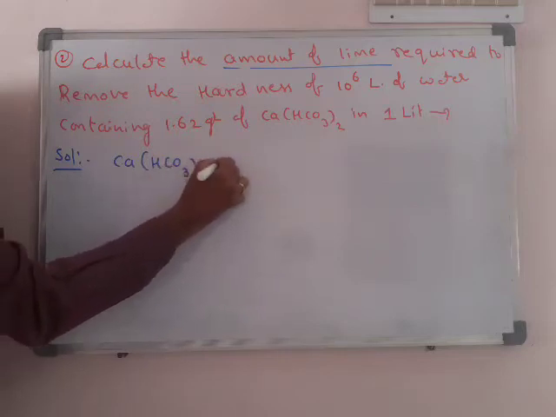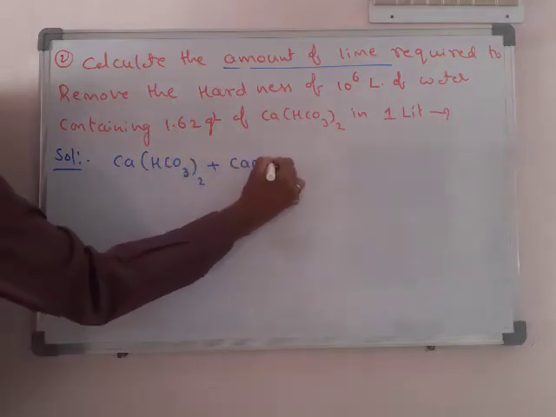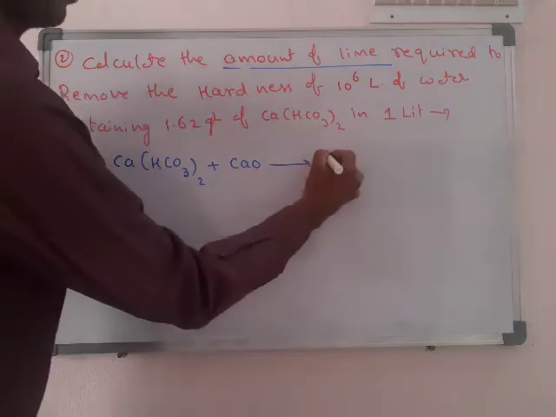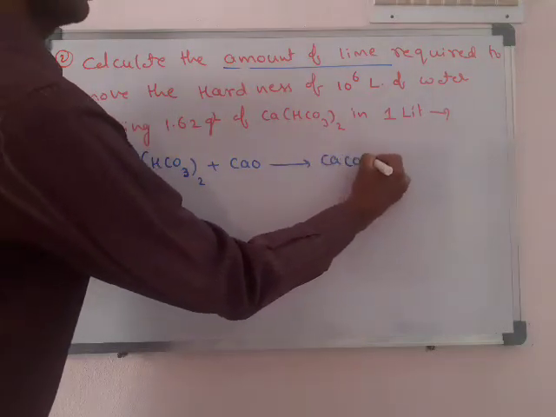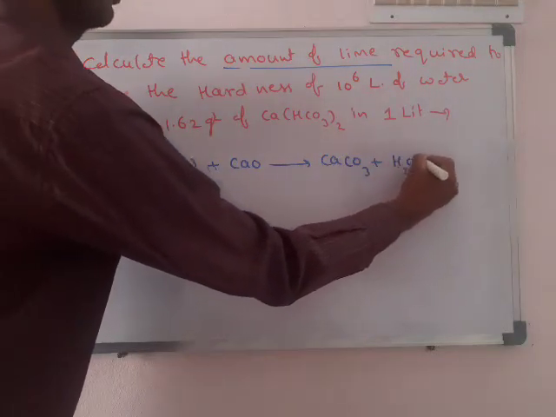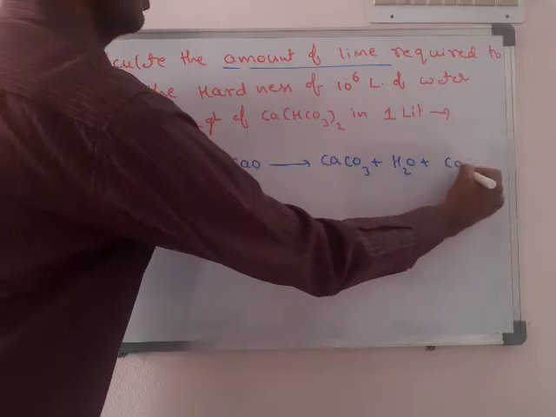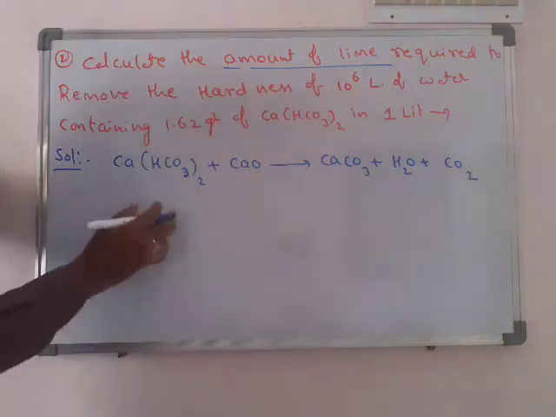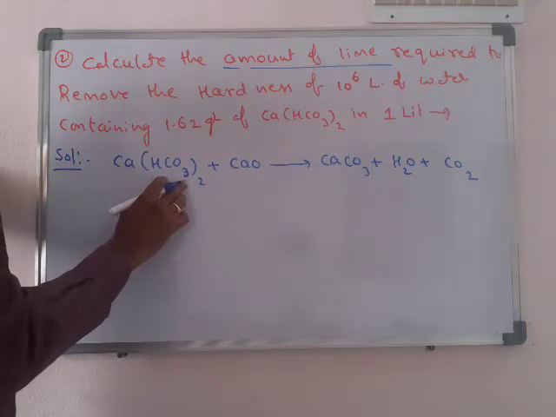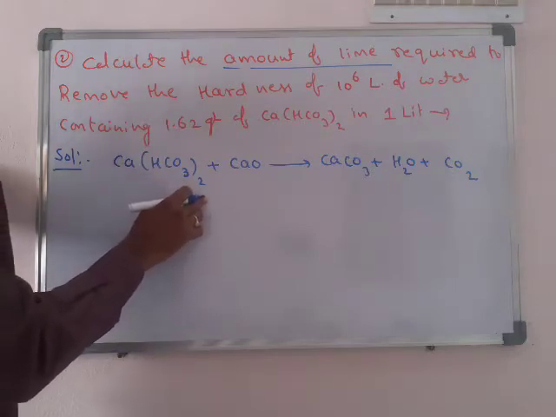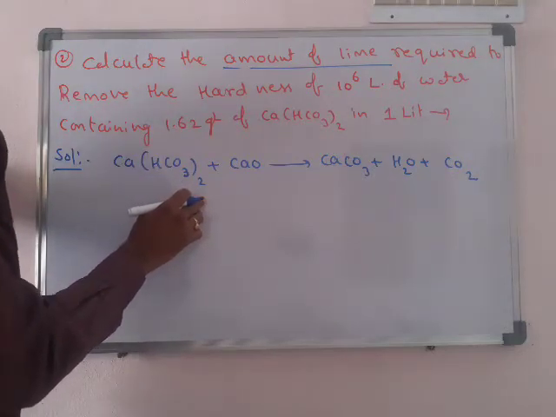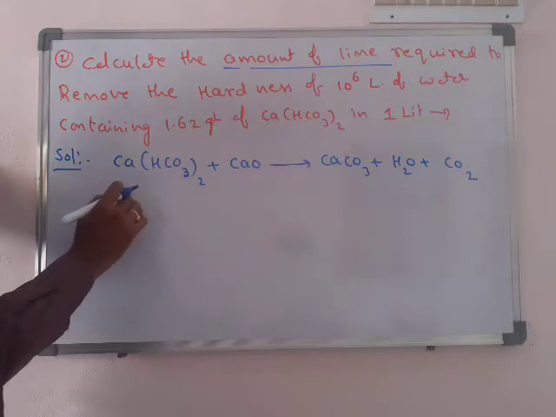Calcium hydrogen carbonate reacting with CaO, so it forms... I have to try to balance the equation. 3, 6, 7. Okay, 3, 4, 5, 6.